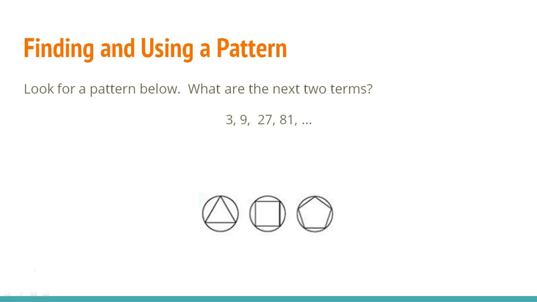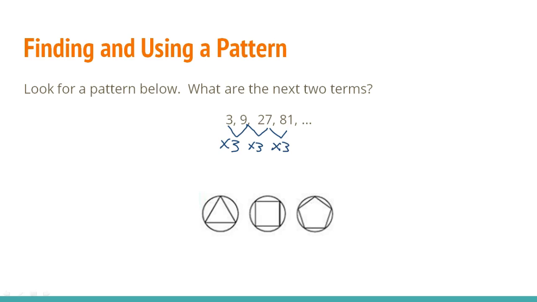It says look for a pattern below, and it wants us to find the next two terms. If we look at the mathematical one up here, we see that it goes from 3 to 9, from 9 to 27, and from 27 to 81. I can get from 3 to 9 by multiplying by 3, from 9 to 27 by multiplying by 3, and from 27 to 81 by multiplying by 3.